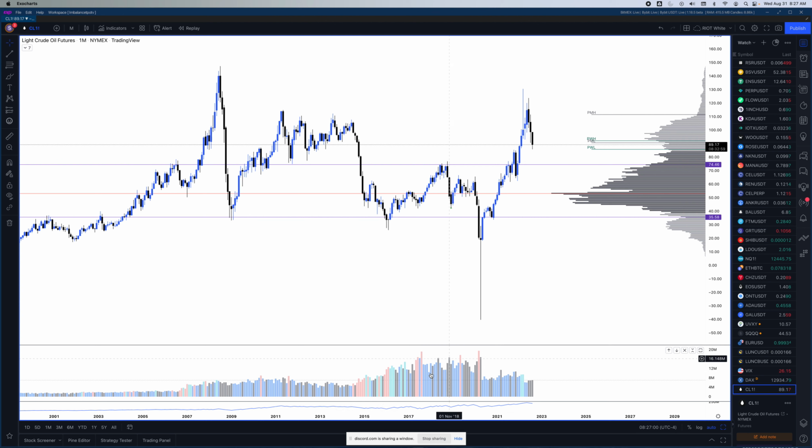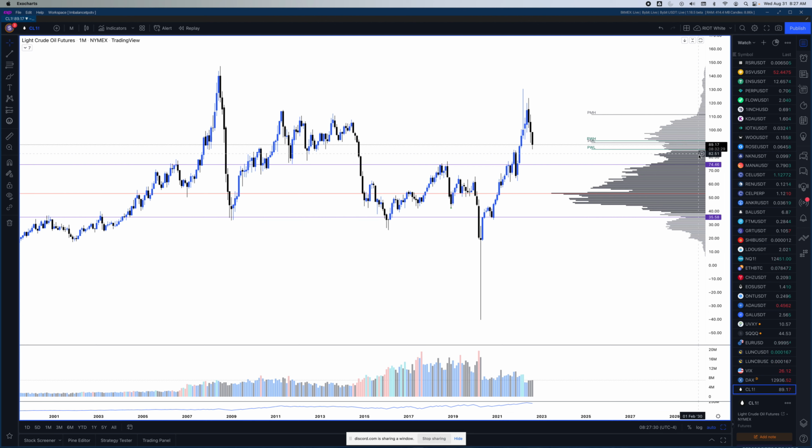I've got a lot more volume pre-COVID in futures, and that's likely just because oil producers aren't getting involved in futures because the prices are so high. I don't think they have a need to hedge. So essentially, what I would be looking at is a move down here.